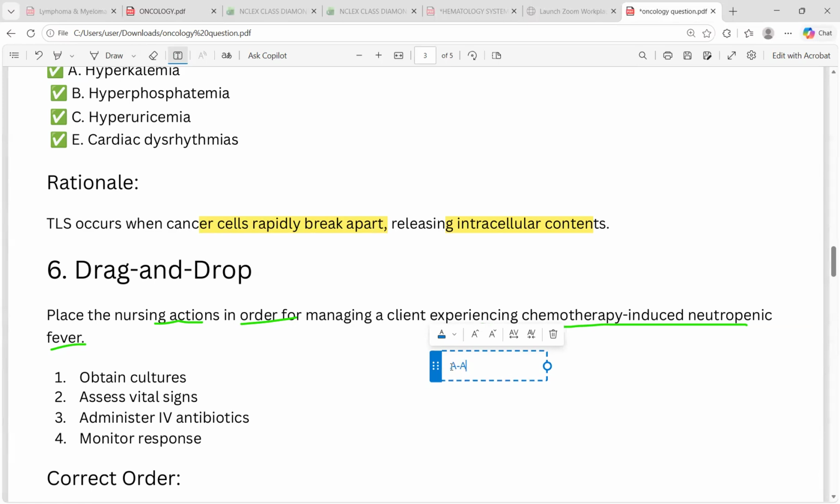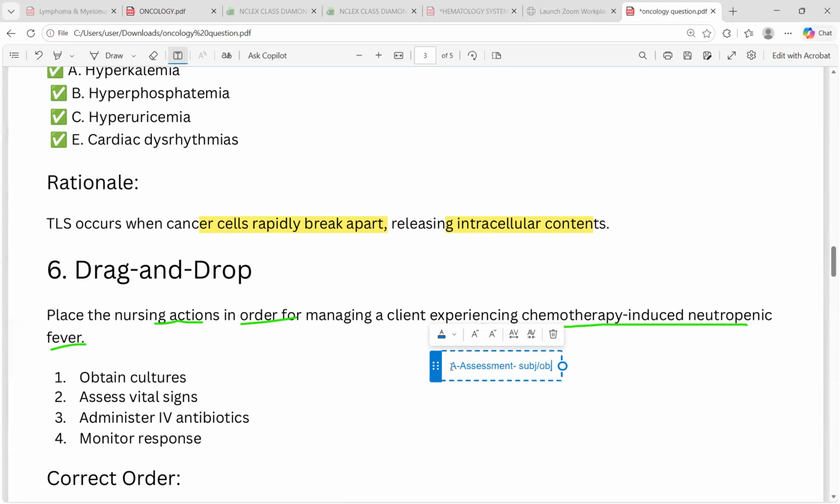A means assessment. In assessment, we need to get data. Data means subjective data and objective data. Subjective data means whatever complaints are stated by the client. Objective data means the findings we get after assessment.